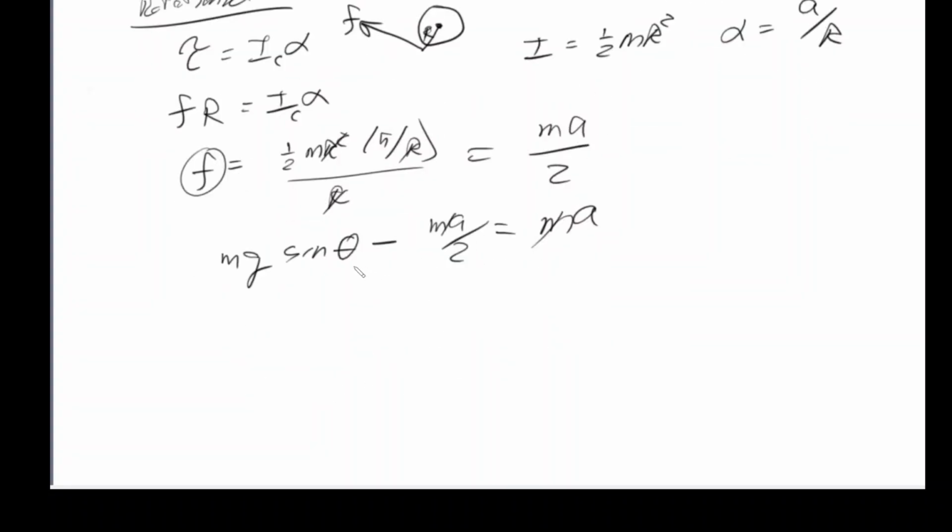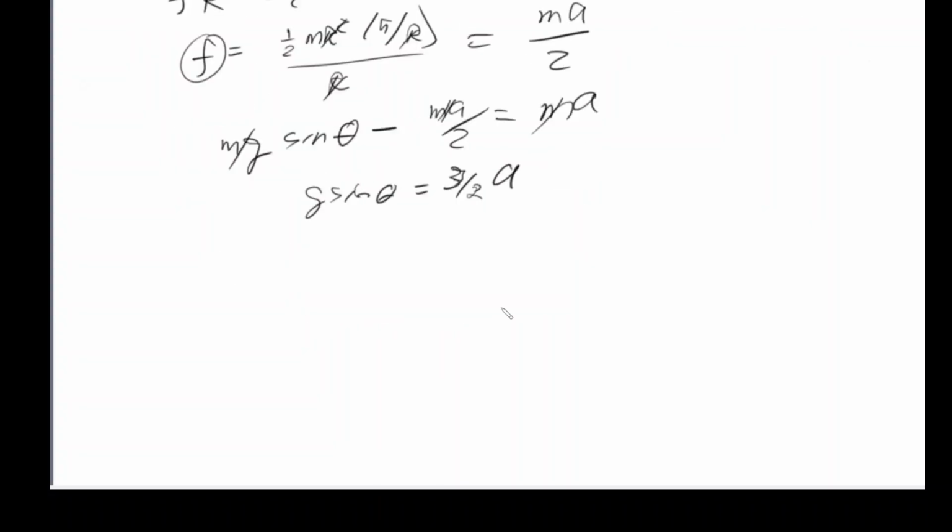Okay, these cancel out, and we get g sine theta is equal to 3/2 a, or a is equal to 2/3 g sine theta.